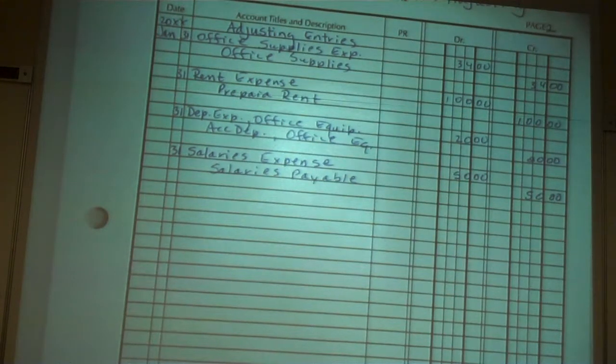Post reference column, what's going in there? GJ2, it was page 2. And then record whether it was a debit or a credit, and then carry your new balance over.